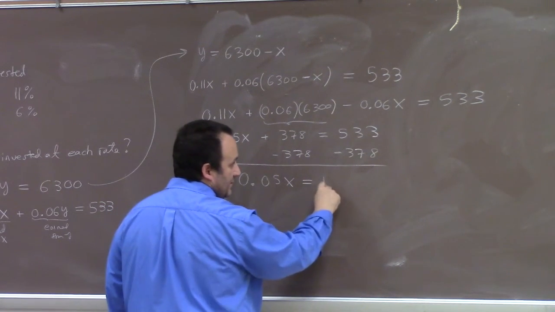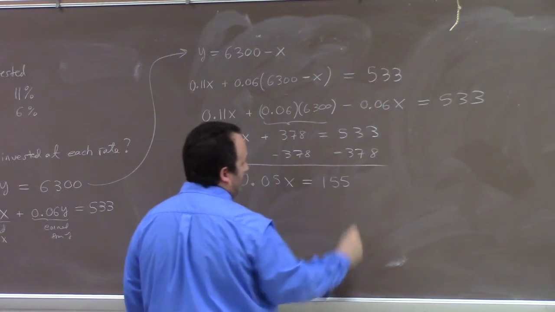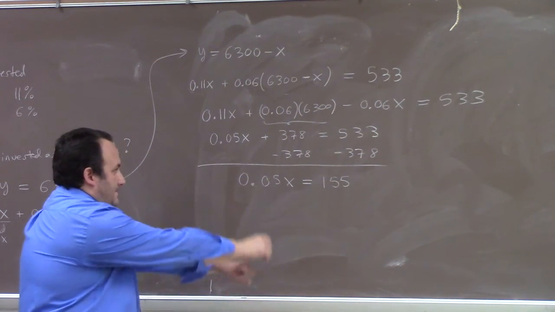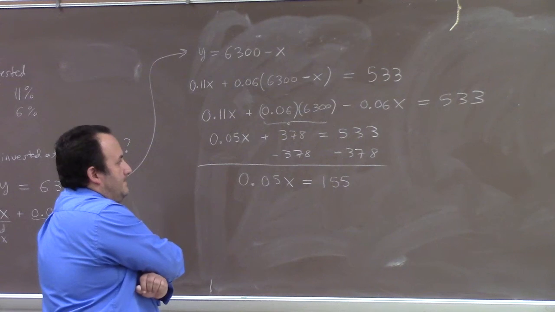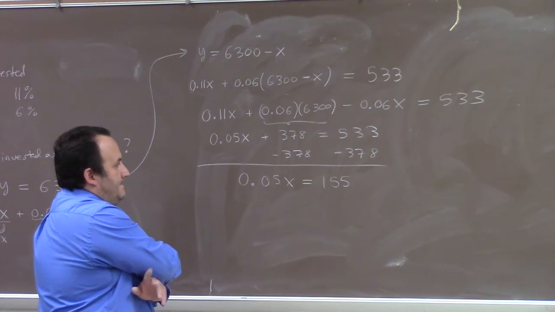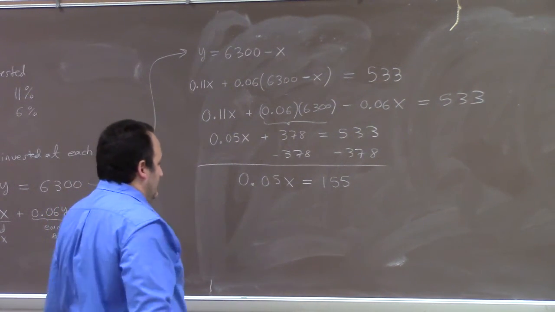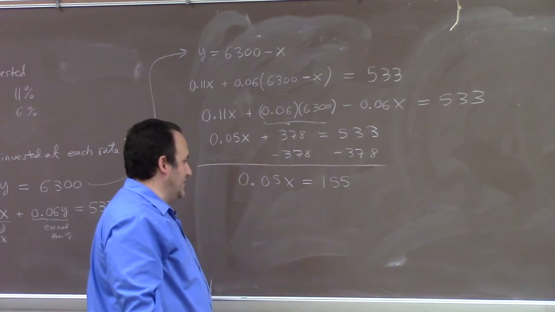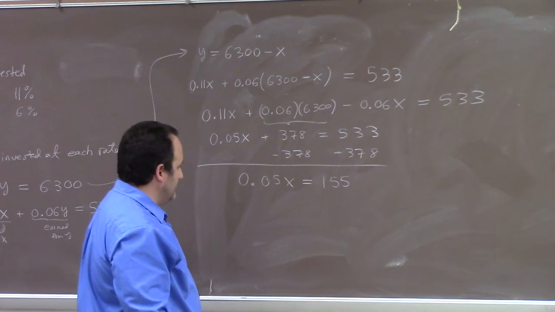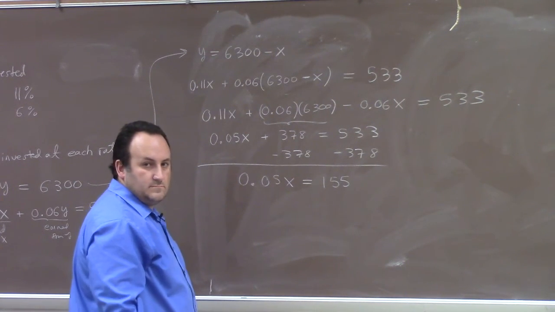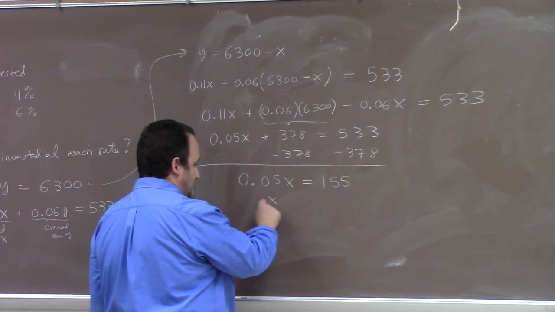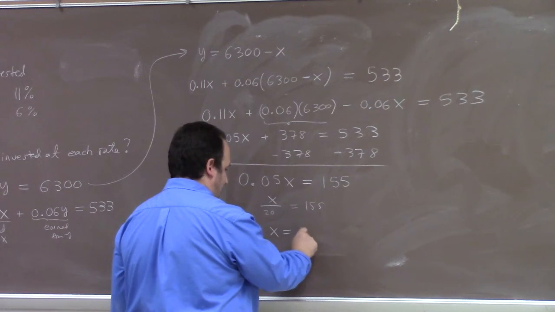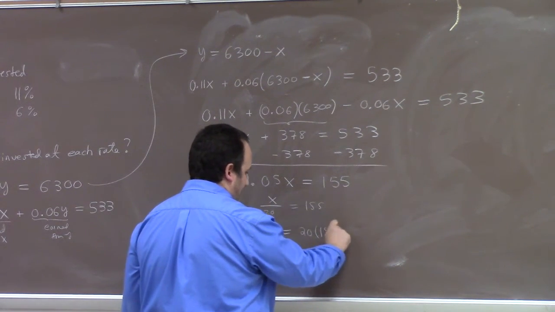What's that? 155? Well, fun fact, 0.05 is 1 over 20. I'm cheating with magic arithmetic. Anyway, you can get a calculator out and do this.